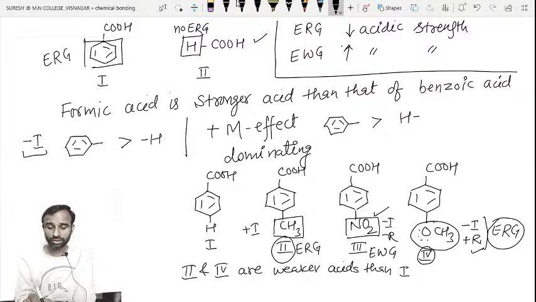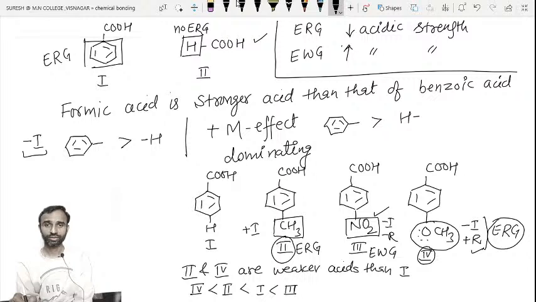So that means the fourth is weakest, and then second, then first, and the third one has maximum acidic strength.